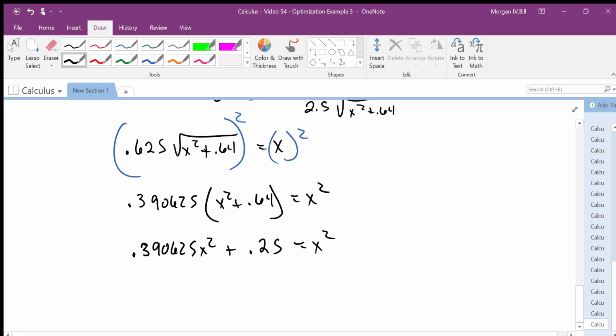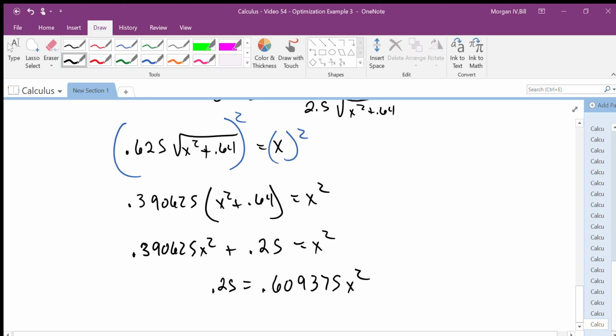So subtracting the 0.390625x squared, I get 0.25 equals, that's got to be like 0.600 something. 1 minus 0.390625 is 0.609375x squared.